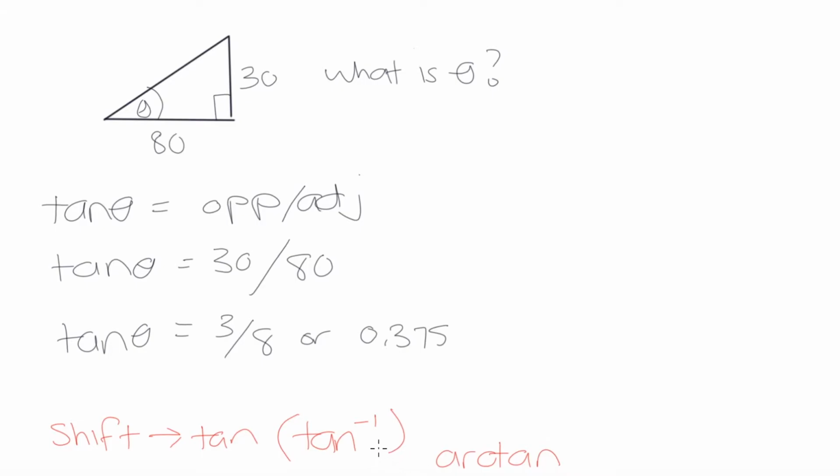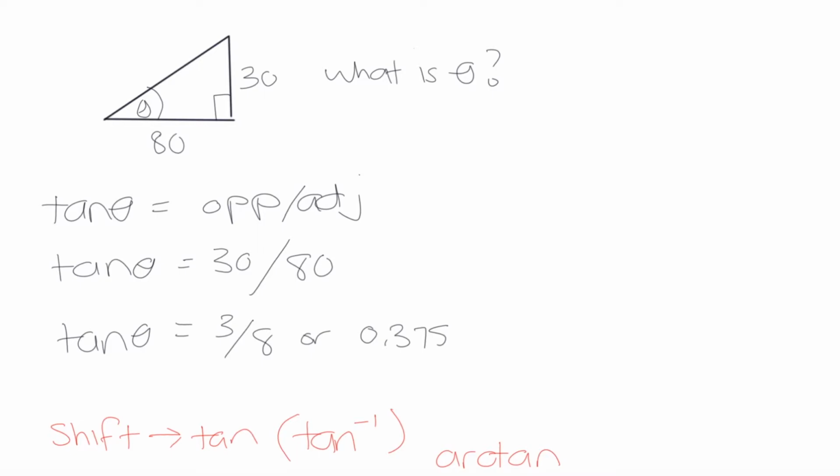What that means is that you can put in a value for tan theta, and it's going to tell you the actual angle that makes that value true. So if you press this tan negative 1 function, or the arctan function, and put in 0.375 into the brackets, then it should tell you the value of theta.